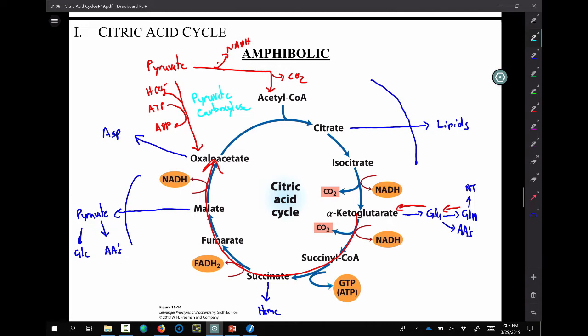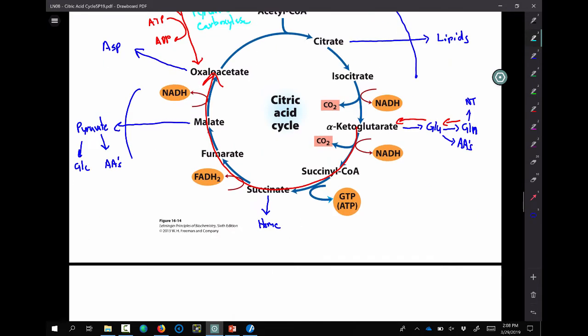Now, let me go ahead and give you an example where this might happen. We could give lots of examples of how this might happen, but let me give you one to bring something that you can sink your teeth into with this. Okay, so let me go to this blank slide, and we'll start here at oxaloacetate. And in the first step, of course, of the citric acid cycle, that can become citrate.